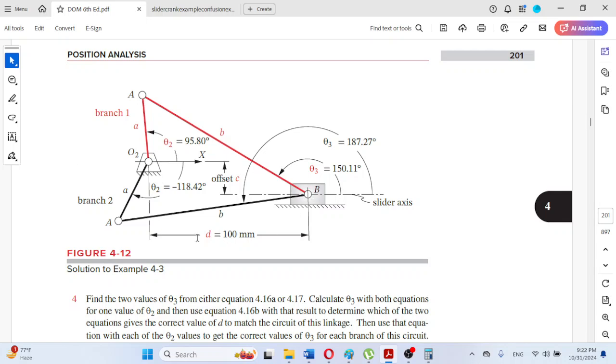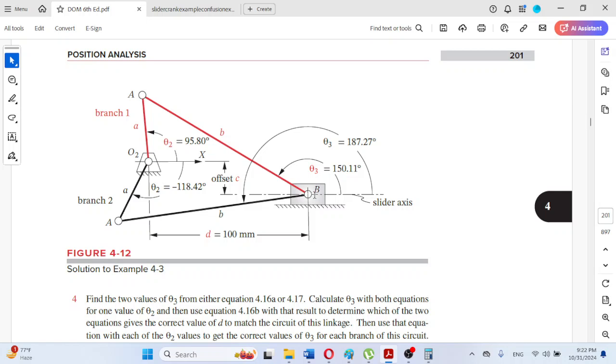But as the position is given, D equal to 100 millimeter, it is toward the positive side. So we will determine those values of theta 3 of the connecting rod which give the correct, positive position of this slider, toward the positive x-axis.